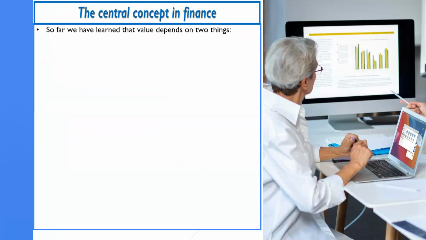Let us continue with our central concept, that is, the value of any asset depends on two factors: the cash flow or the cash stream and the required rate of return. Normally, the cash stream is well known, as in the building. It is rented for 150,000. We know it in advance.